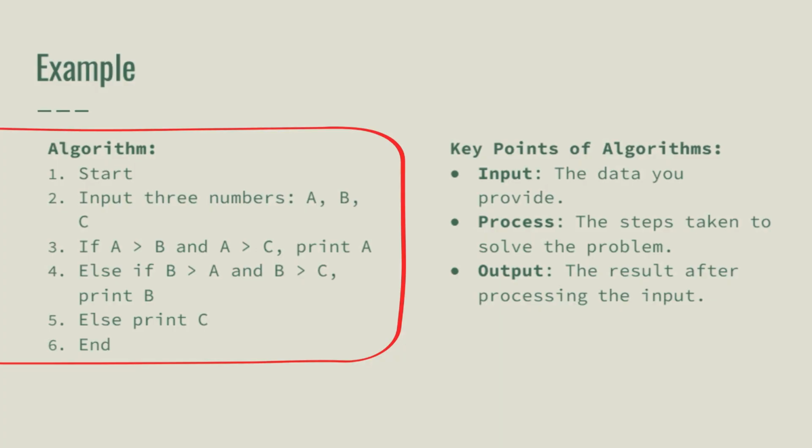Like if you see the third step, if A is greater than B and A is greater than C, then print A. That means if B and C are not greater than A, then we have A to be printed as an output. Then we go down, and at the end a particular number which is greater will be printed if the three numbers are not equal. So this is just an example of an algorithm.